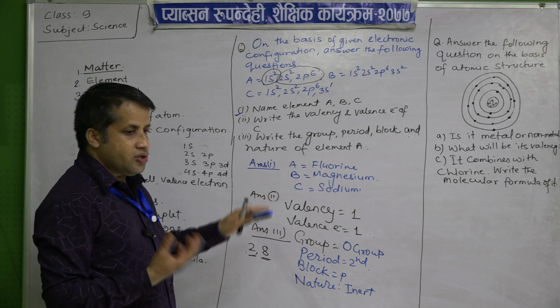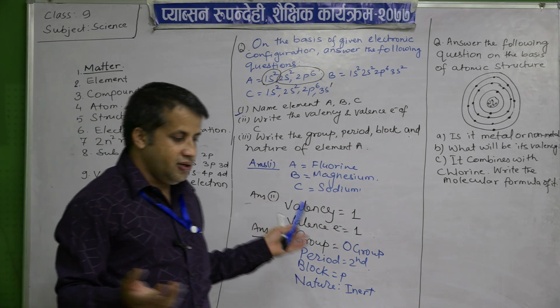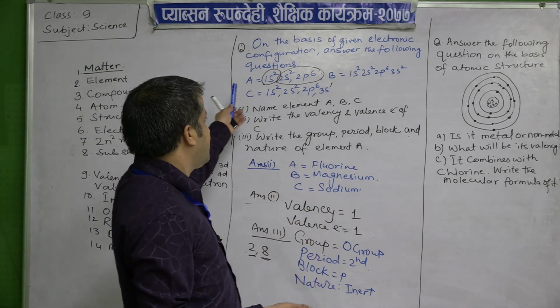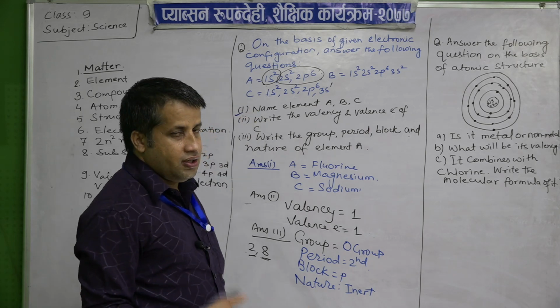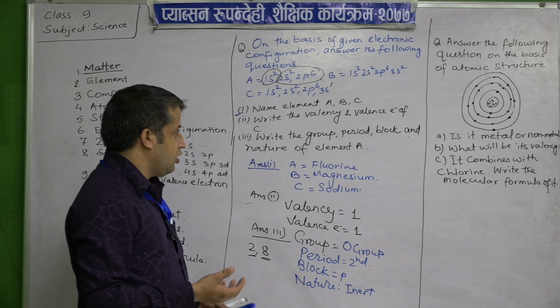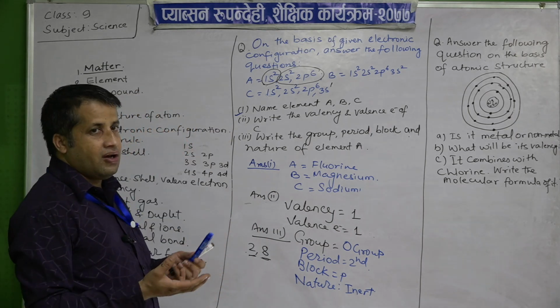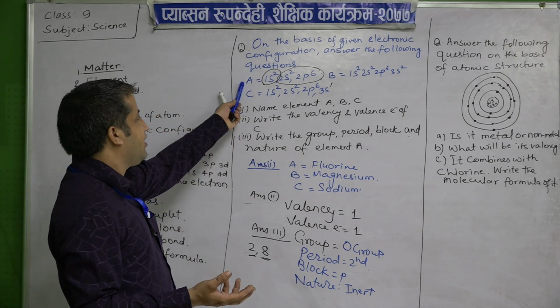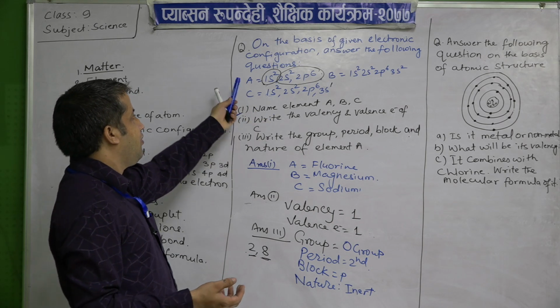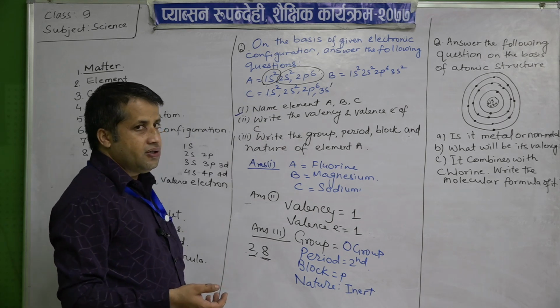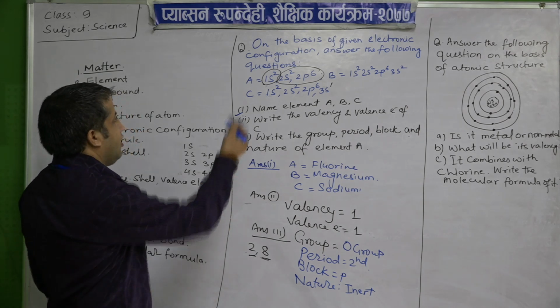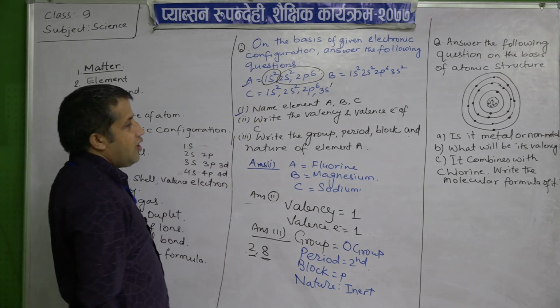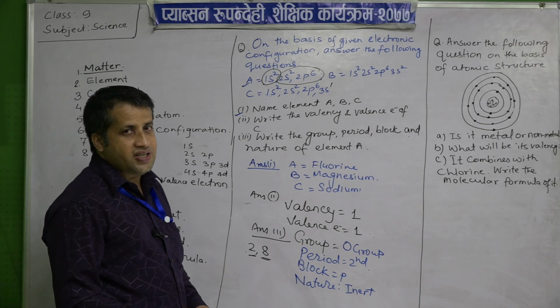Sometimes in a chemical reaction it can be asked what compound is formed by this and this. It can be asked, though it is not here. It can be asked what chemical compound is formed by reacting A and C, or A and B. If it comes, A means what? Inert gas. Does it react?